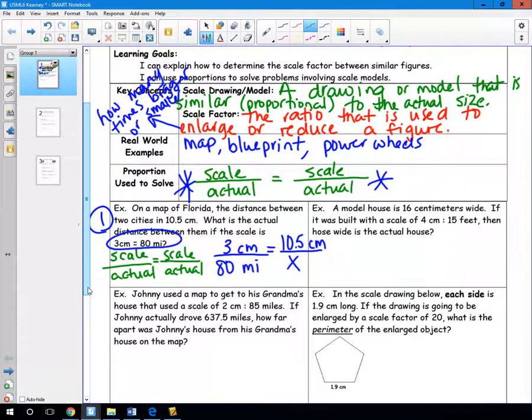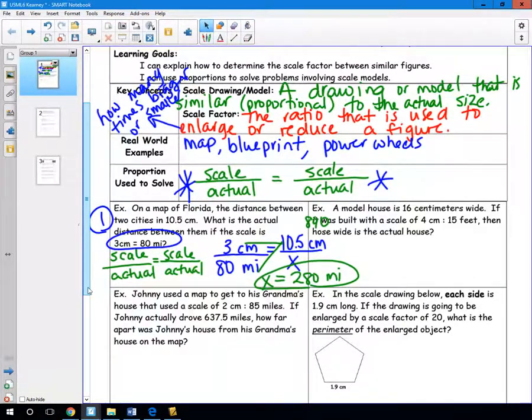And we are going to solve these just like we've been solving them. So take just a moment to try to solve that proportion. Ask yourself, which two numbers do I need to multiply? I'm going to multiply 80 times 10.5, and I get 840. And I'm going to divide that 840 by 3, and I'm going to get X equals 280 miles.